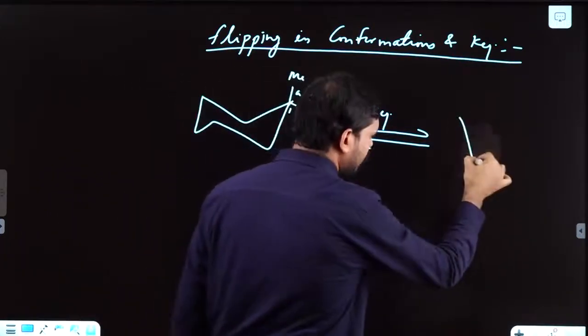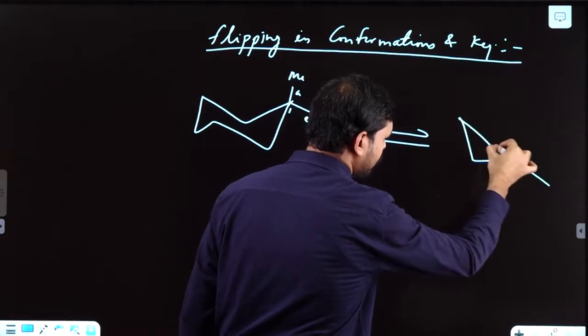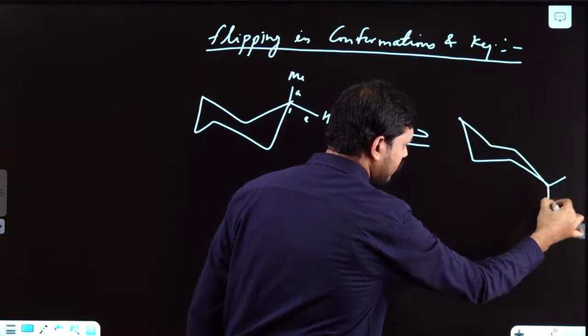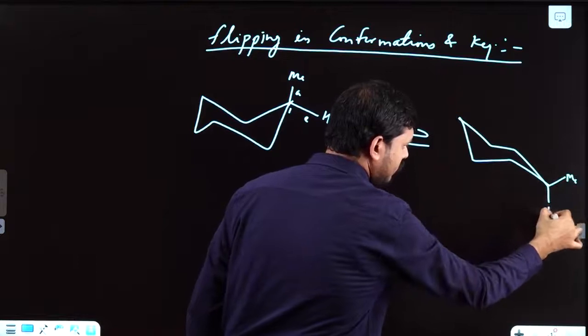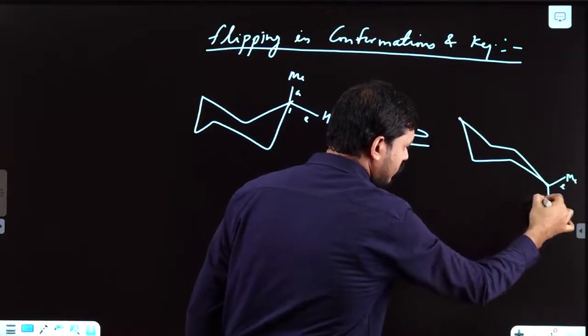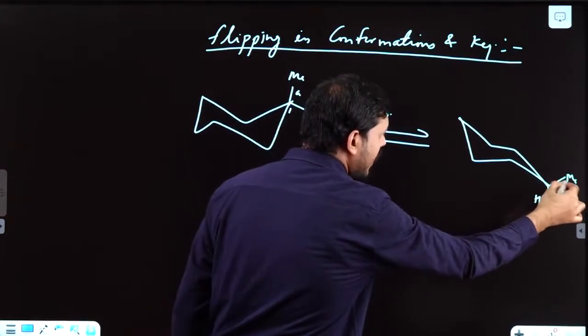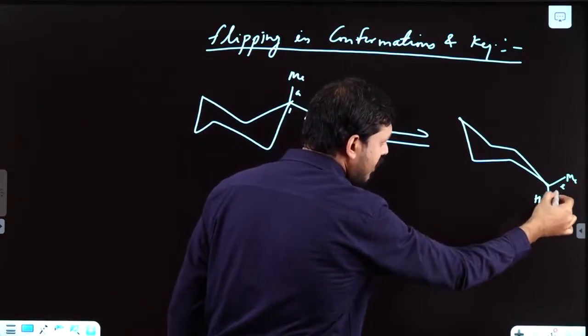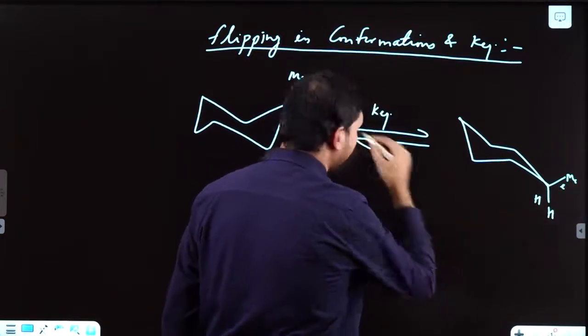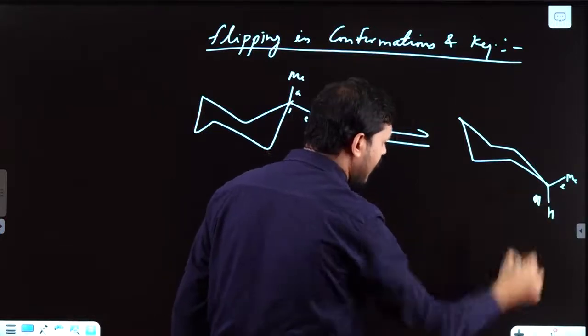So here this methyl was in axial, now it is going into equatorial, and this hydrogen, earlier in equatorial, is now in axial position.